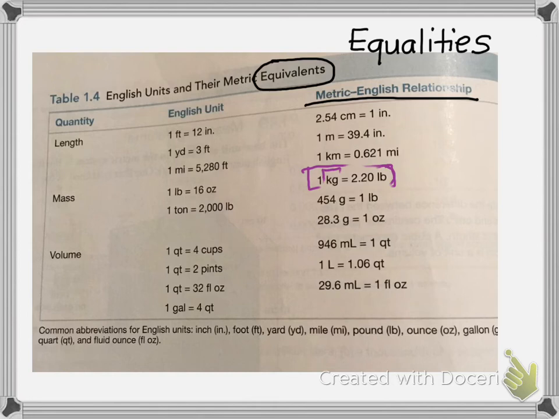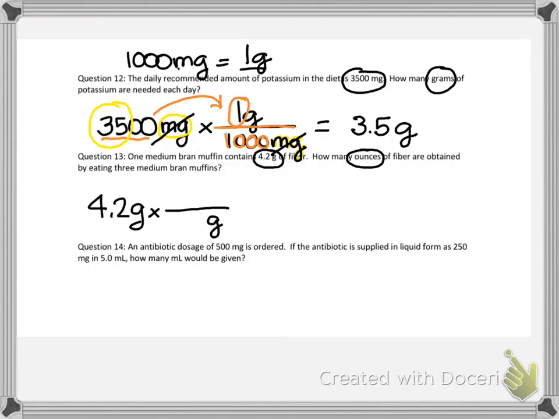So here I can tell you 28.3 grams is 1 ounce. 23.8 grams. I thought I had set up a 2-step one. 23.8 grams equals 1 ounce. I guess it's still kind of 2. So I'm going to put the 23.8 on the bottom because it's the grams, and I want the grams to cancel.